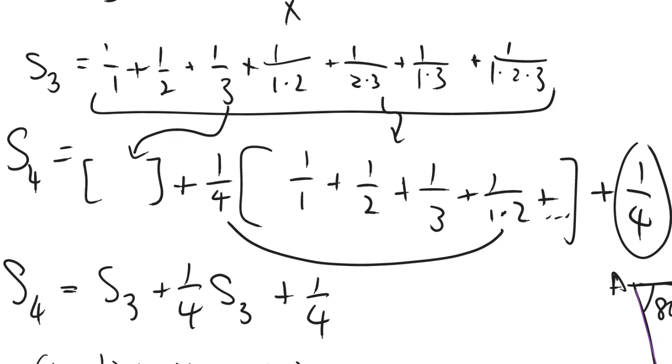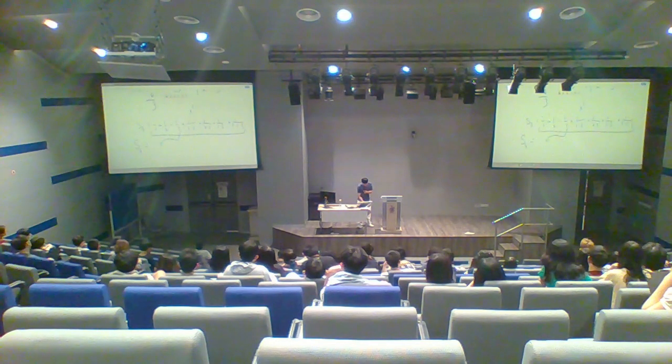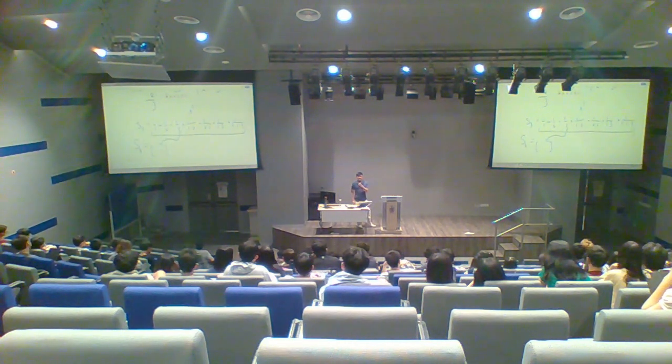Can you write S4 in terms of S3? First of all, all of this must already be here, because those denominators are also subsets of 1 to 4. But what are the remaining ones? The remaining ones are just those that have 4, like 1 over 4, 1 over 1 times 4, and so on.